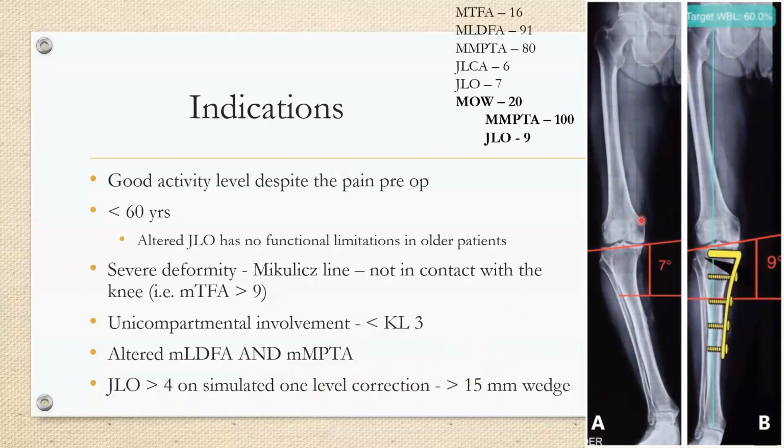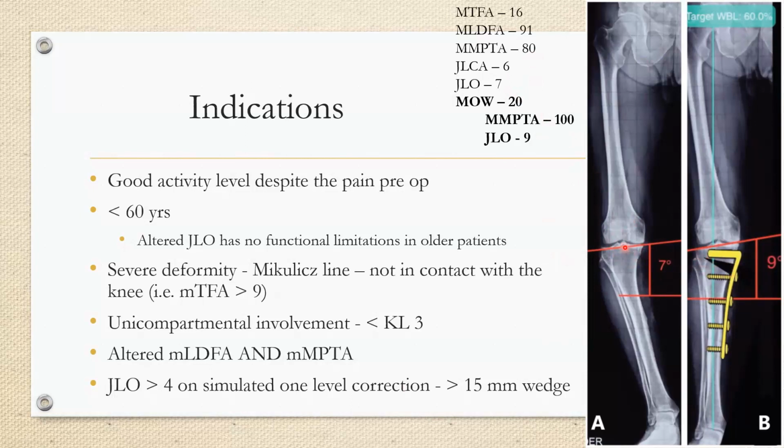For example, looking at this case, I can see there's a severe varus deformity where the LDFA is minimally altered, but the MPTA is grossly altered. This is only 80, and there is an intra-articular deformity. JLCA is 6, and the pre-op JLO is 7.